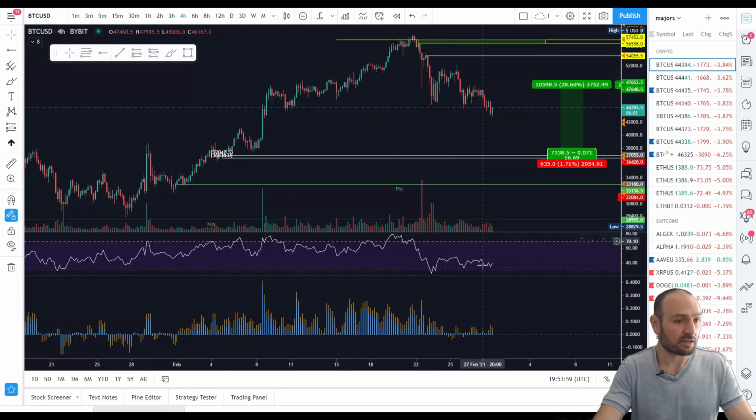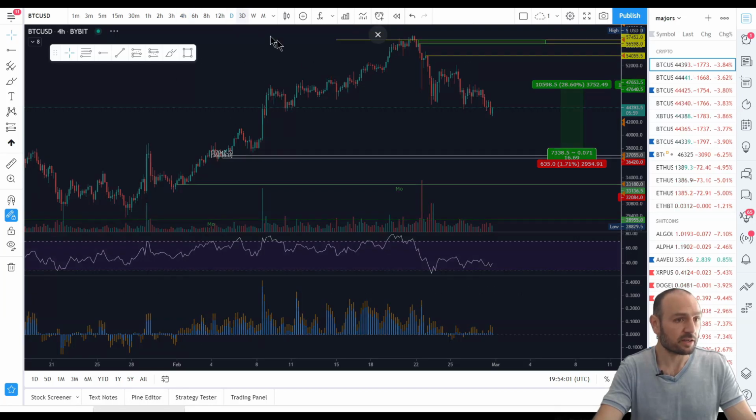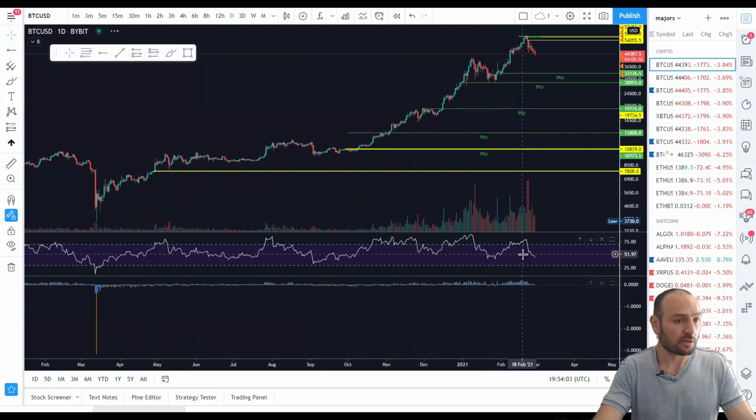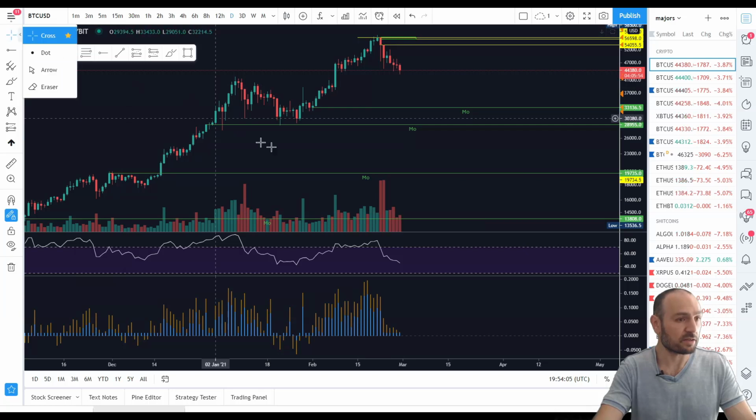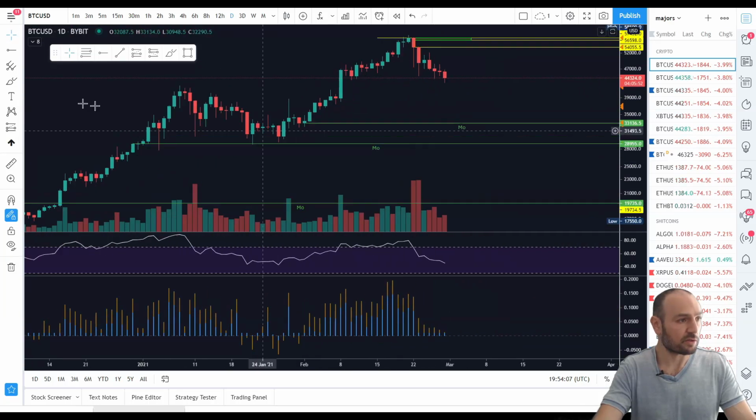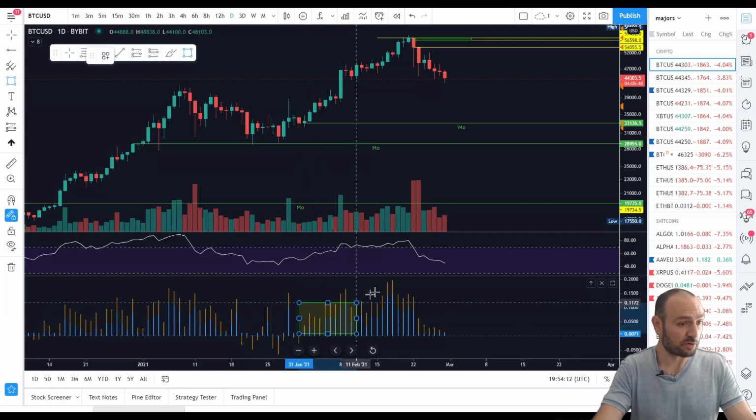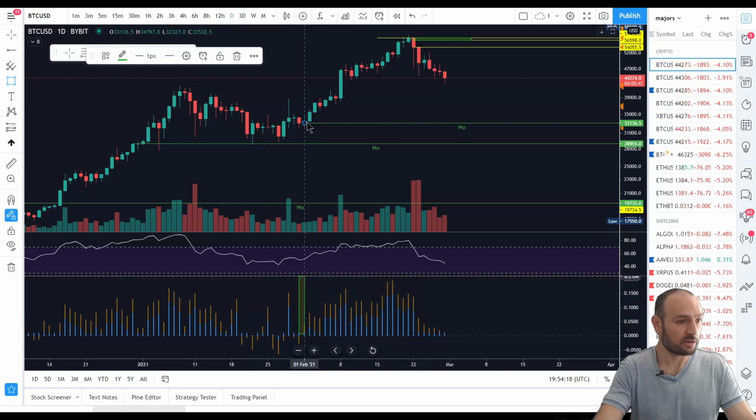I can't see anything interesting from the RSI. Everyone was long as hell right here. Let me show you here. This is the premium and funding for this whole time.